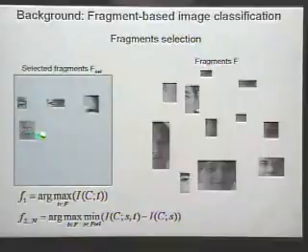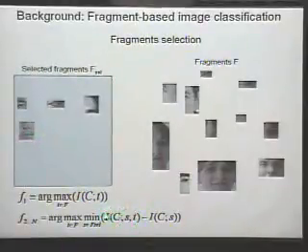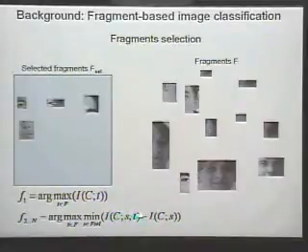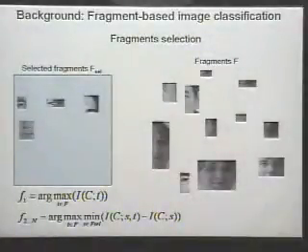We know the mutual information of them, and then we can compute this mutual information: the mutual information between the class variable and the joint of the detection variable of the fragment already selected and the candidate. Then we see the additional mutual information, how much this candidate adds. And of course, we look at the fragment that adds the least amount to it.